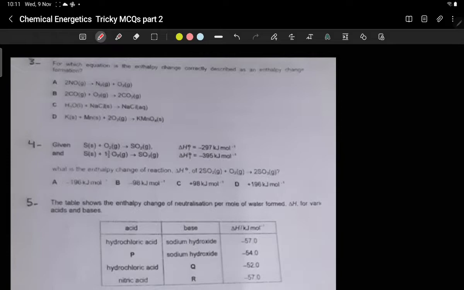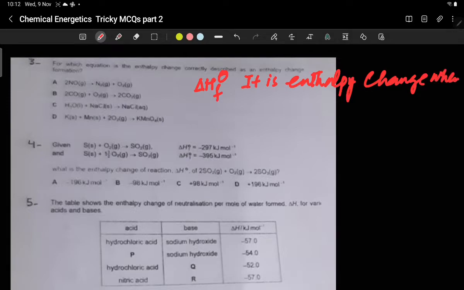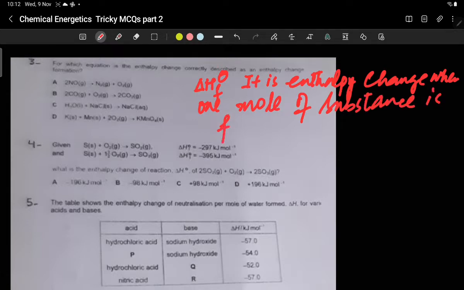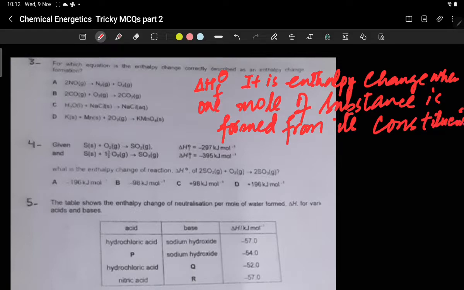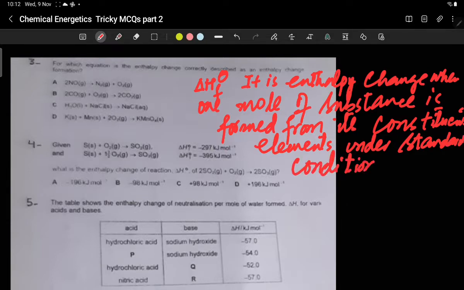We know that the enthalpy change of formation, delta HF, is the enthalpy change when 1 mole of substance is formed from its constituent elements, under standard conditions, in their standard states.